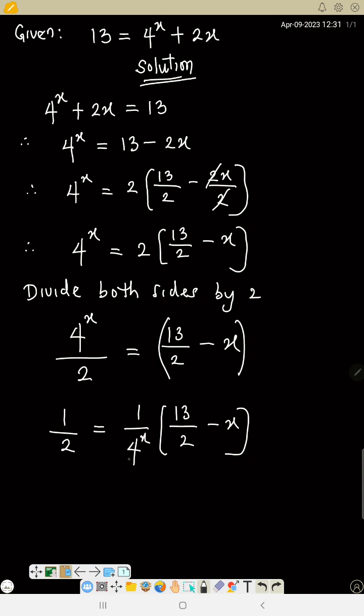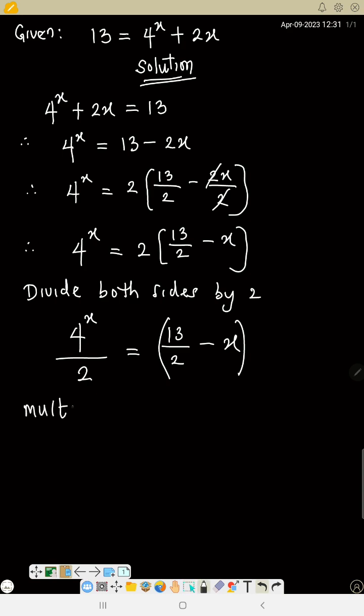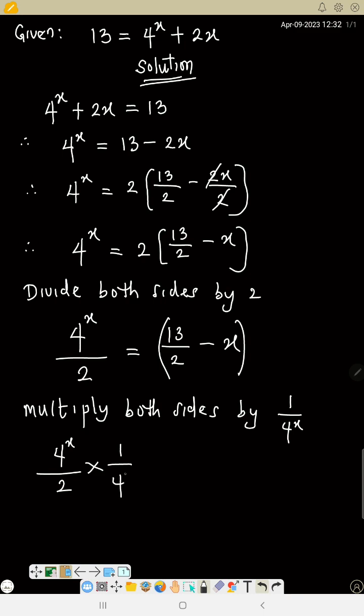So now this is the same thing as, or in another way that you should understand this part so that you will not cram, I can say multiply both sides by 1 over 4 raised to power s, so that this will become 4 raised to power s over 2 times 1 over 4 raised to power s is equal to 1 over 4 raised to power s times 13 over 2 minus s.